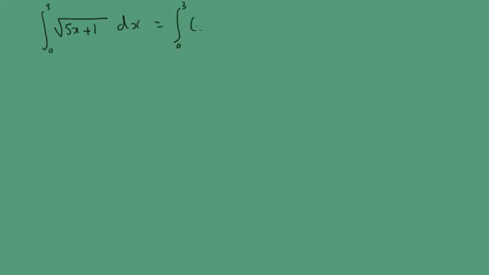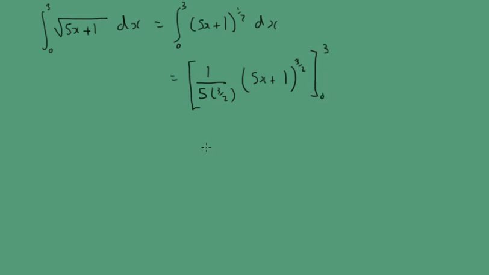So that's the integral from 0 to 3 of 5x plus 1 to the half dx, and we will get, we take the 5 out from here and divide that there, and then we've got a half plus 1 is 3 over 2, and then we've got 5x plus 1 to the 3 over 2, so we will have 2 over 15 times 16 to the 3 over 2 minus 2 over 15 times 1 to the 3 over 2, and if we work all that out, we will get 8 2/5.